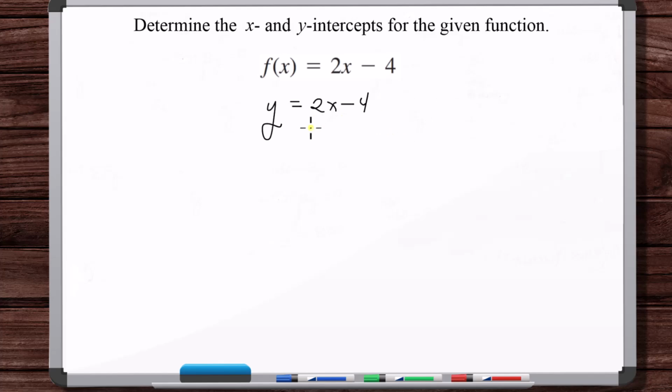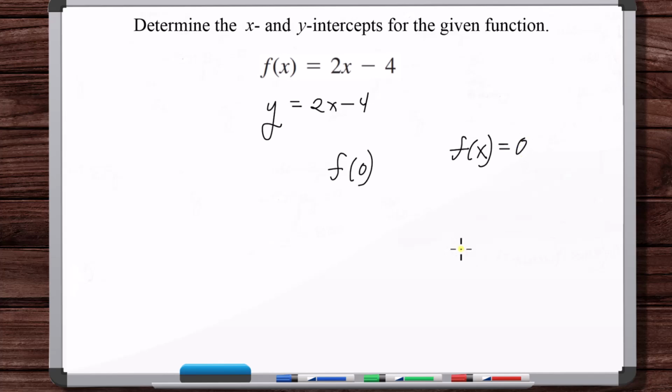Then that means you set the input variable equal to 0 and solve for the output variable. Well, the output variable is already solved for. That's the nature of how the function equation is set up. So the y-intercept is just the function evaluated at 0. Now, the x-intercept means that you set y equal to 0, but f of x is already solved for, so you're just solving the equation f of x equal to 0 for x.